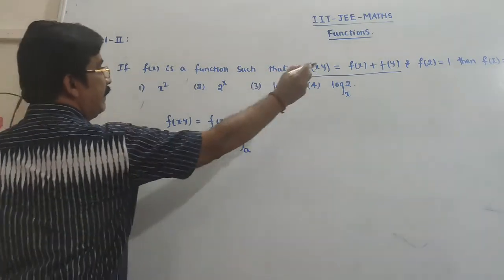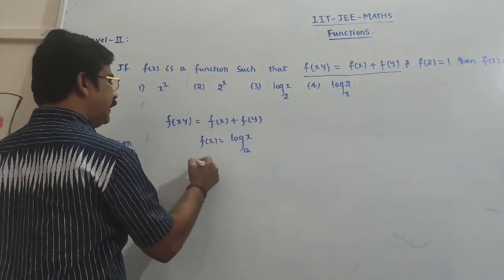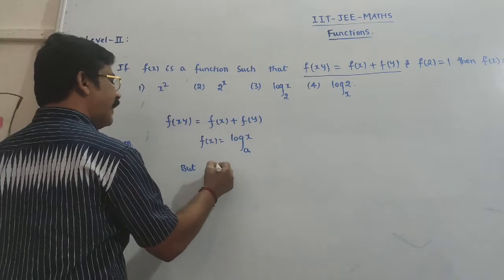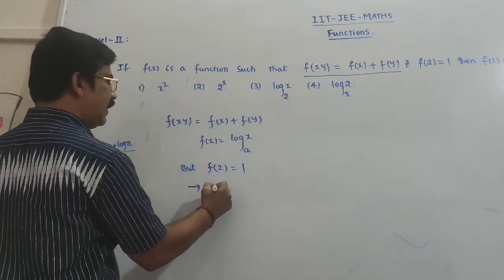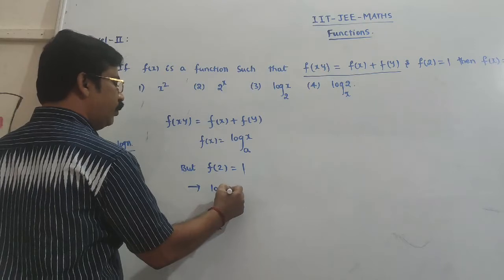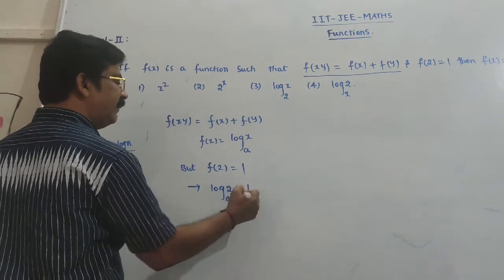Given f of 2 equals 1. F of 2 means log 2 to the base a, that is equal to 1.